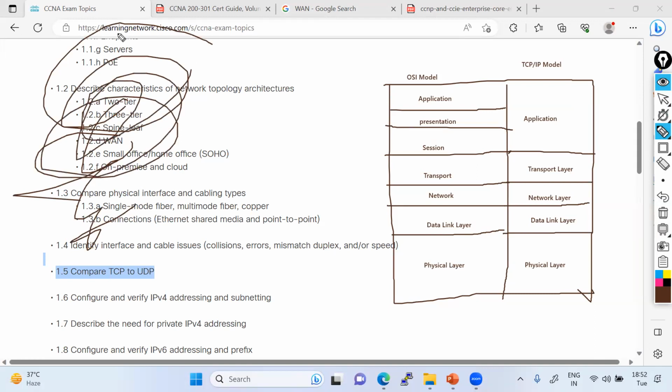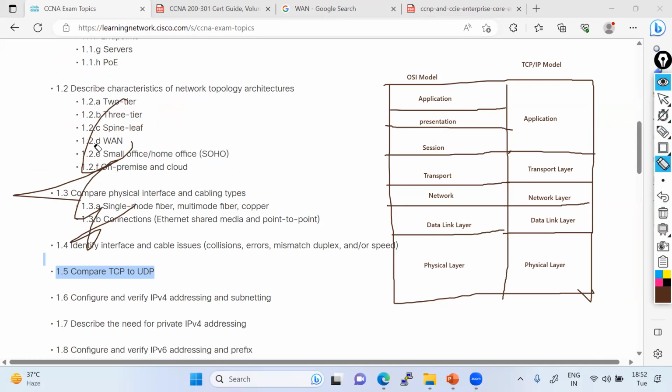The network layer we understand, because you use it to assign the IP; connectivity requires the IP.